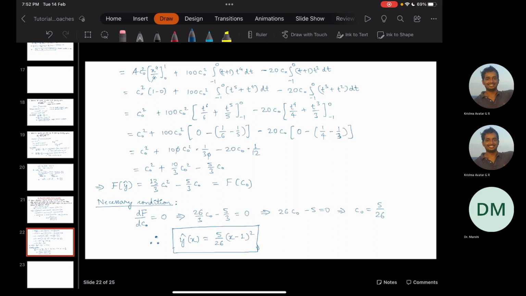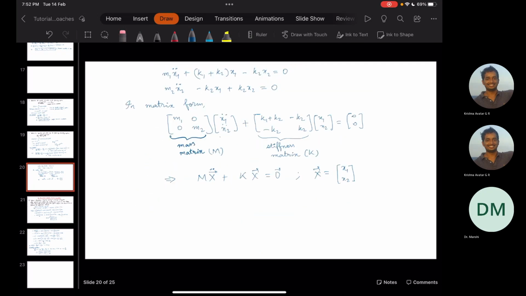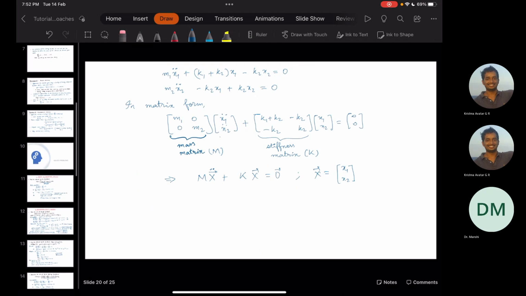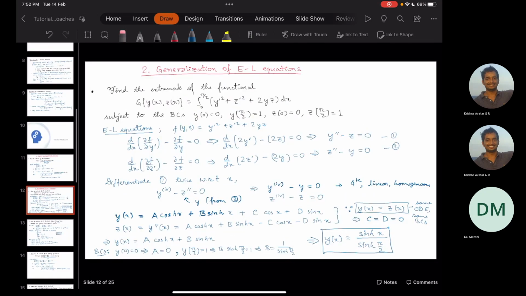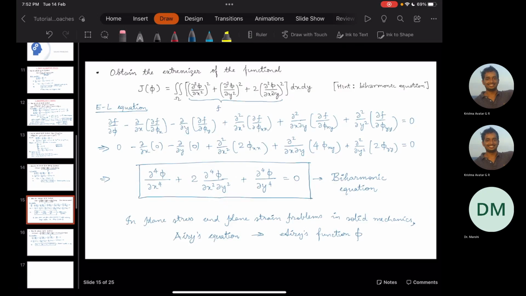So this was our last problem to be solved in today's tutorial session. If you recall, we started with first solving a problem on basics of arithmetic calculus, then we moved on to solve a bunch of problems in generalized Euler-Lagrange equations.